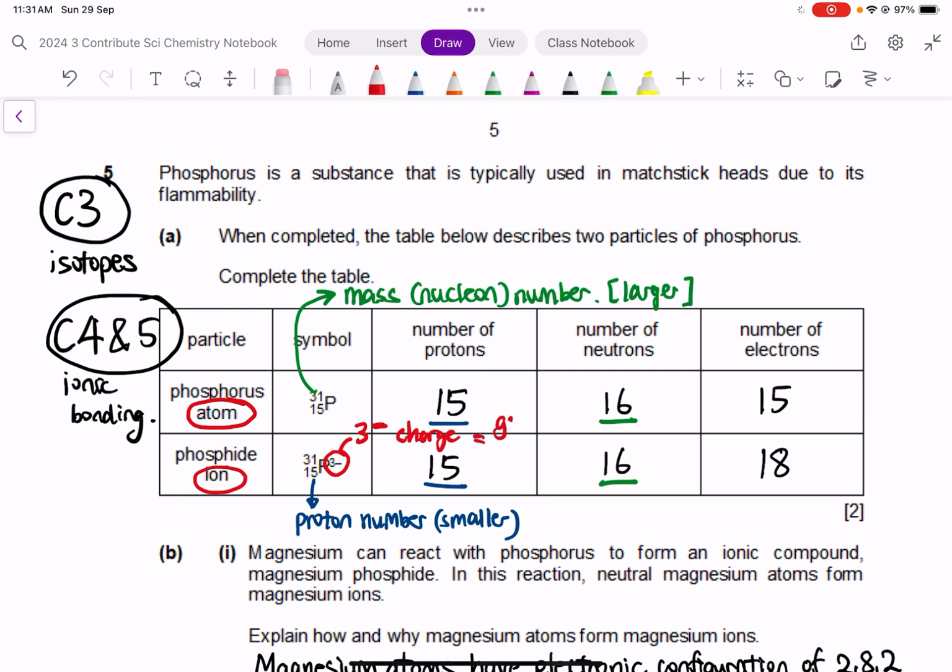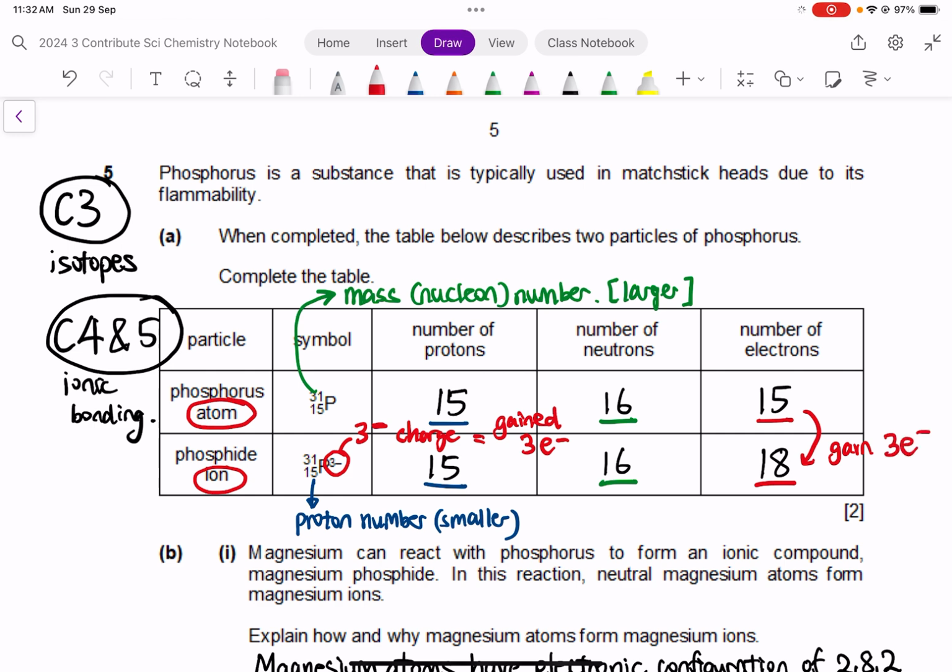3 minus means it has gained 3 electrons. Remember, electrons are negative. When you gain the electrons, you become more negative. As a result, the P3 minus ion has 18 electrons. Because at first, the atom has 15, you gain 3 electrons, it becomes 18.